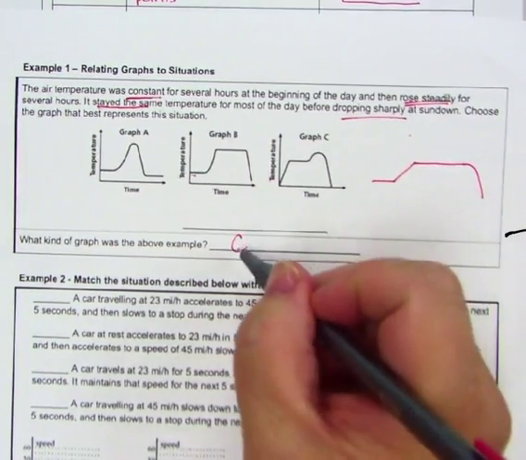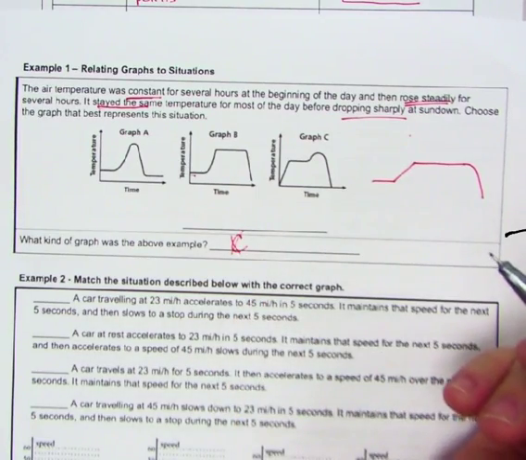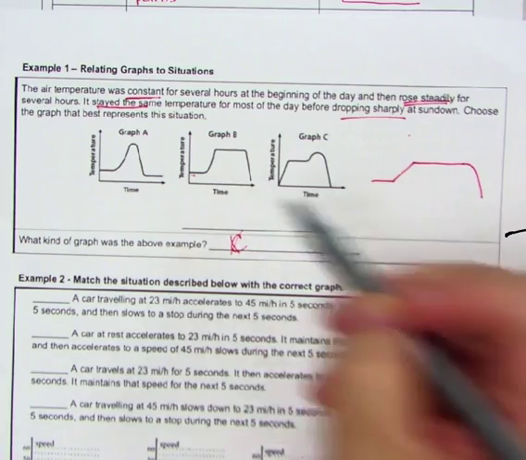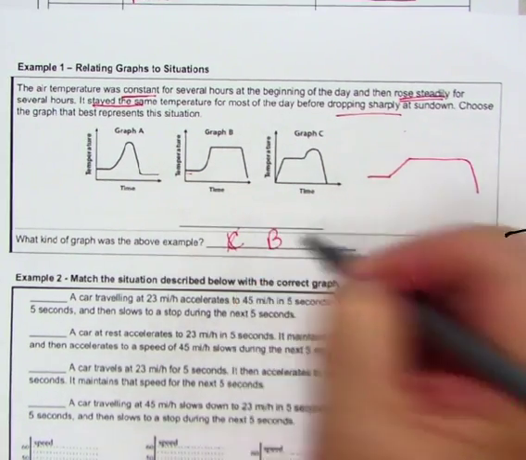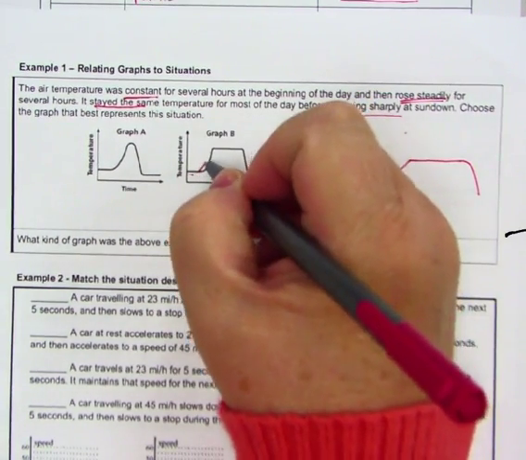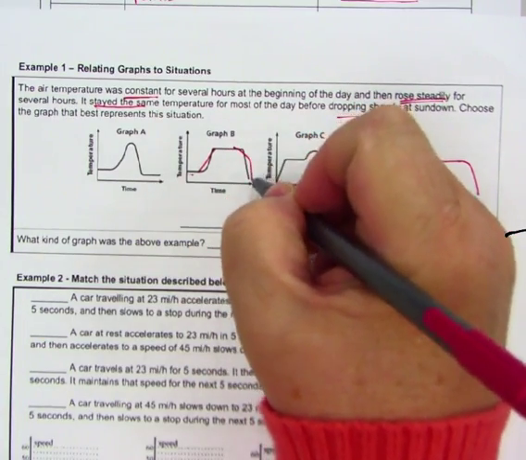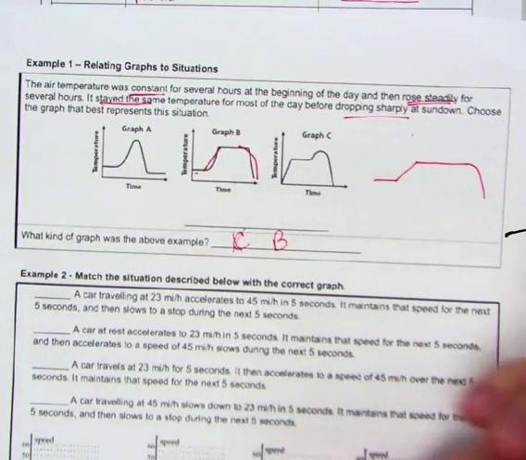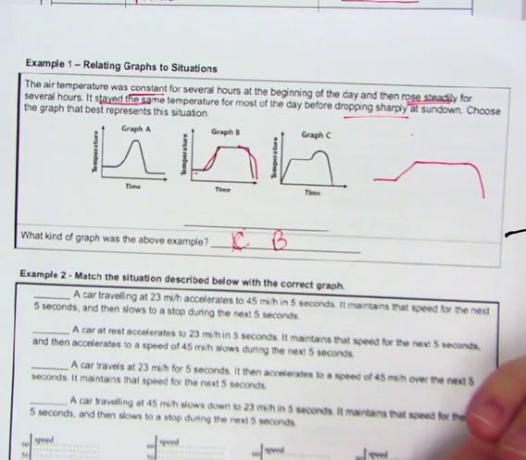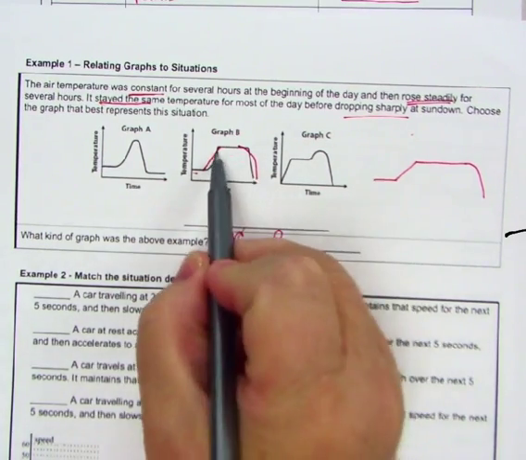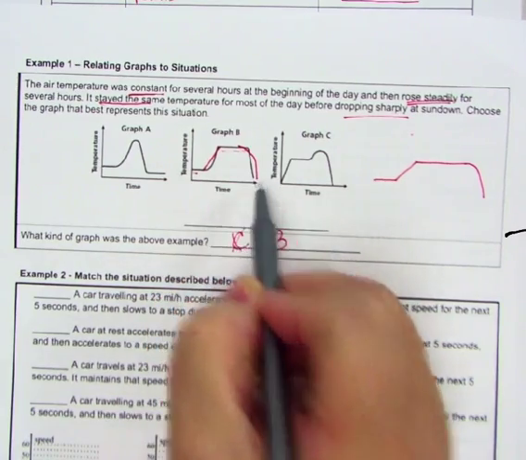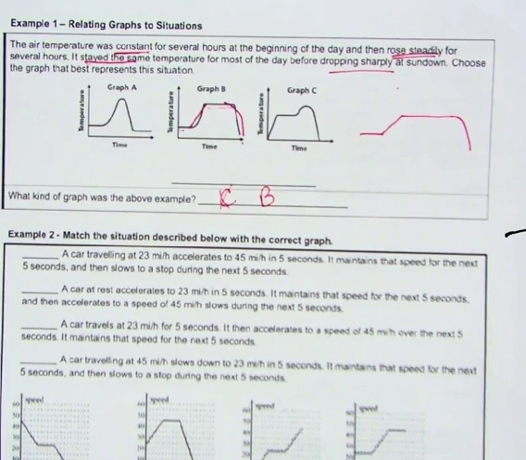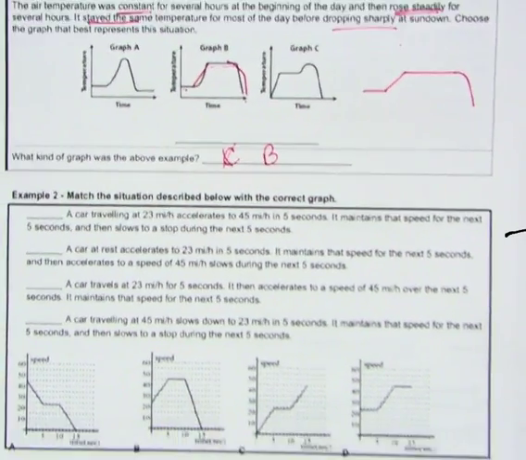I'm not sure if it looks like really any of those. I guess it could be somewhat more like B, but I'm thinking it should have been up and then a curve down based on what we talked about in the previous. So B is probably the closest, okay? Because it stayed the same most of the day and then it went down. So those are the kind of shapes you want to look for when you're looking at the graph.